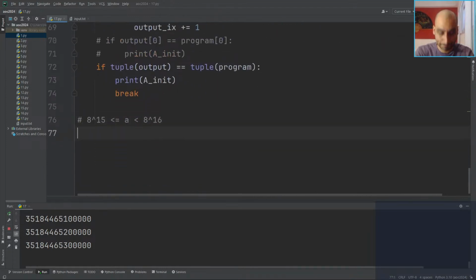B... But then maybe there's some... Okay, this is what B looks like when we're outputting.